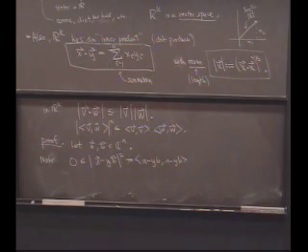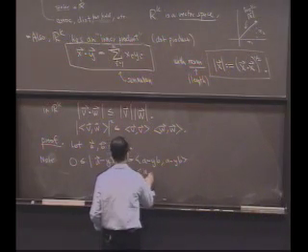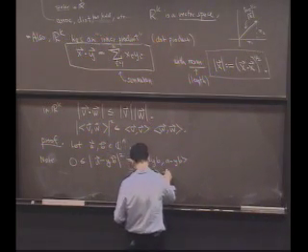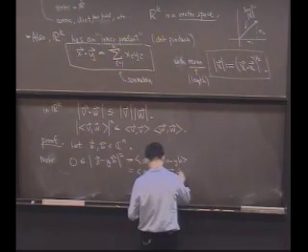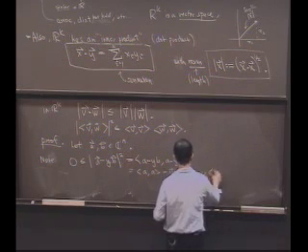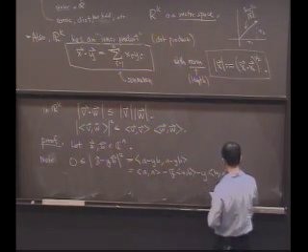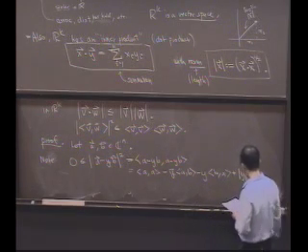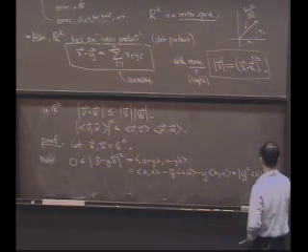So I can rewrite this as: (A, A) minus y-bar (A, B) minus y (B, A) plus the absolute value of y squared times (B, B).